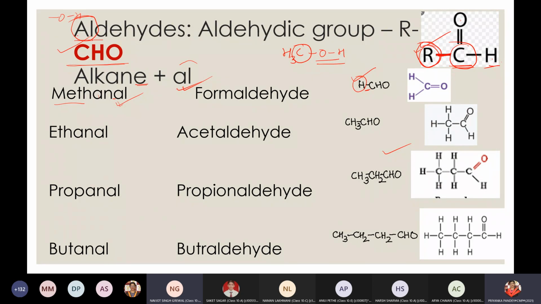For alcohols, we took the last 2 letters as suffix. The same way for aldehydes, we take the first 2 letters of aldehyde, Al, to write the name as suffix for the substance. So if it is 1 carbon atom, it is called methanal. If you have 2 carbon atoms, it is called ethanal, 3 propanal, 4 butanal, and 5 pentanal. Is it clear now?